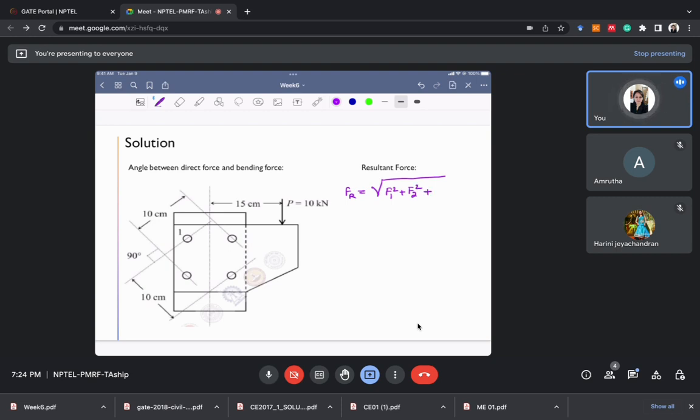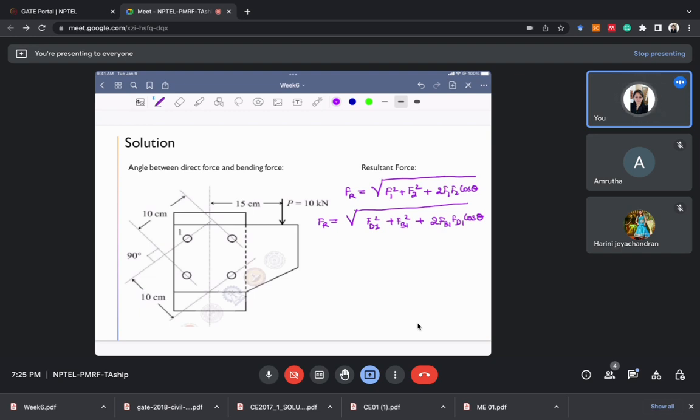In this case, the two forces are FD1 and FB1, so we can write it as FD1 square plus FB1 square plus 2 FB1 FD1 cos theta.